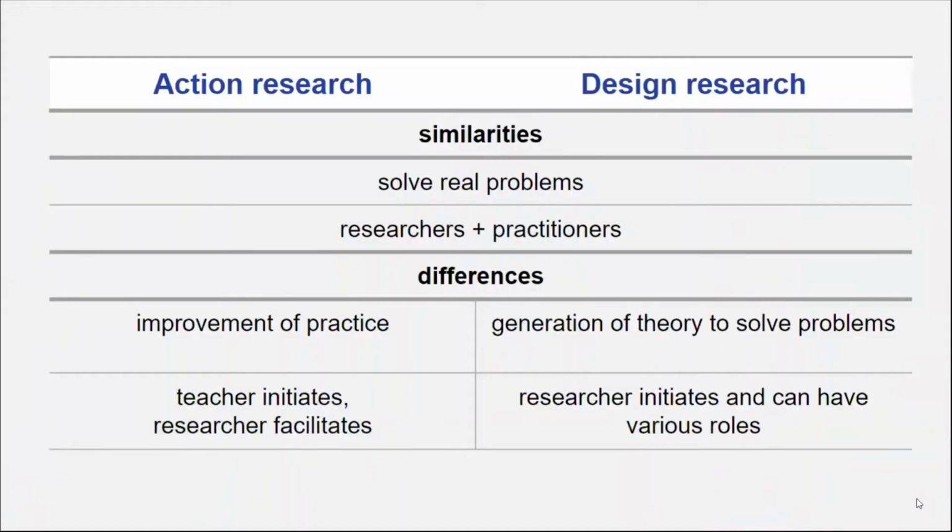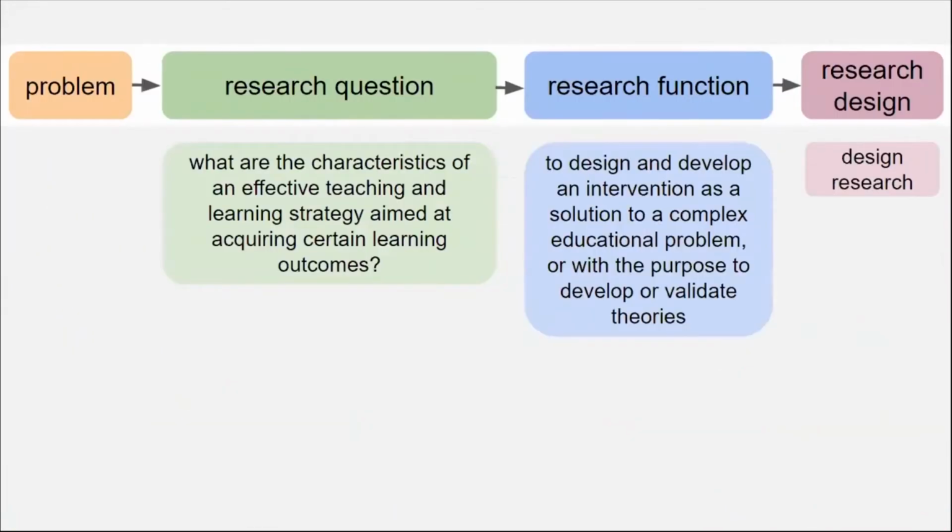So let's take a look again at the question and its function. So what are the characteristics of an effective teaching and learning strategy aimed at acquiring certain learning outcomes? So the function is to design and develop an intervention as a solution to a complex educational problem, or with the purpose to develop or validate theories.